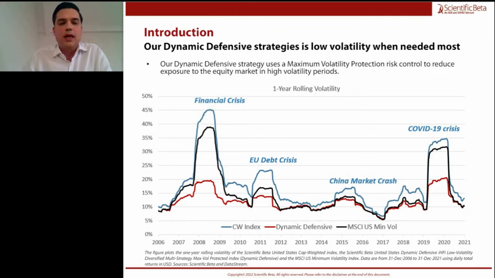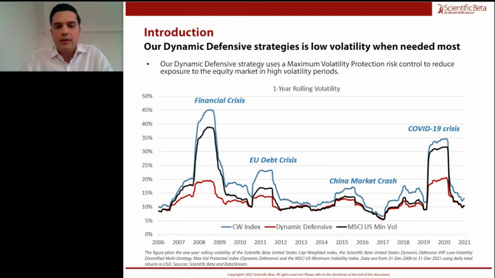You can see that our dynamic defensive is able to minimize these spikes of volatility during important high-risk events, therefore offering investors better downside protection. And the way this is achieved is through a risk control option called maximum volatility protection, which is overlaying our low volatility factor premium portfolio.